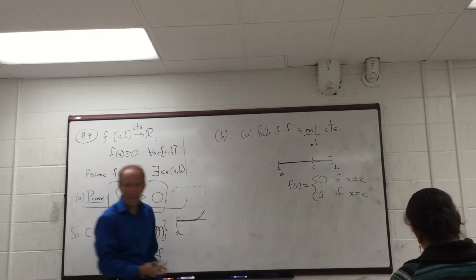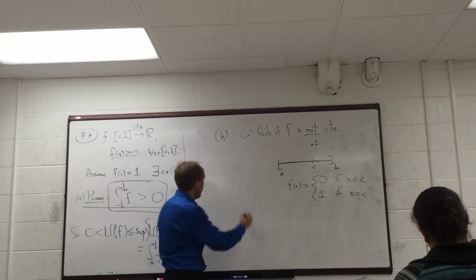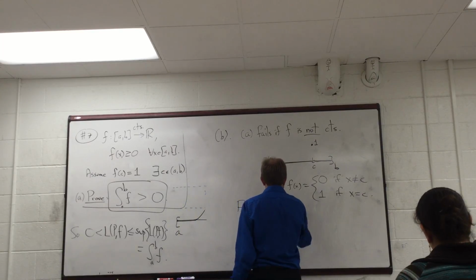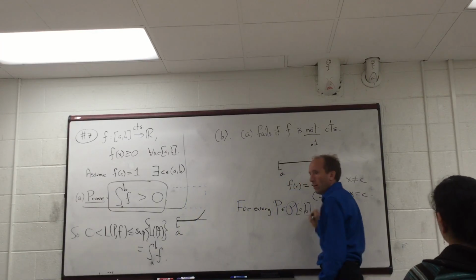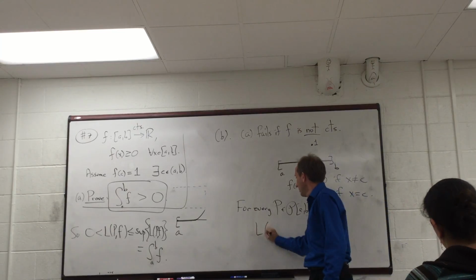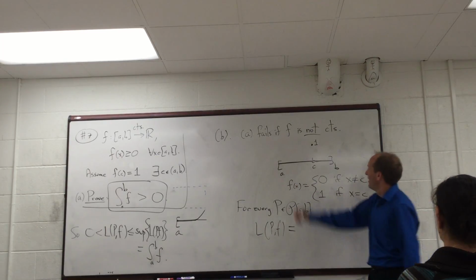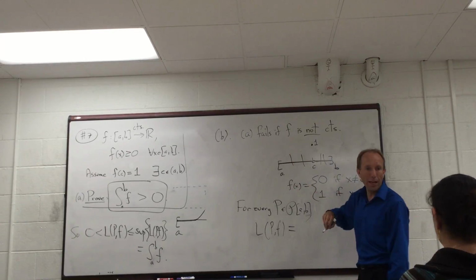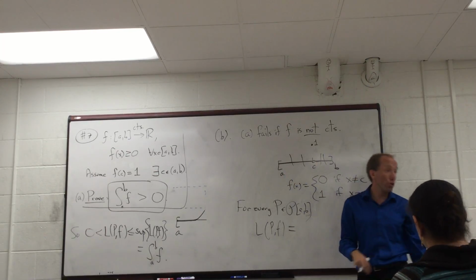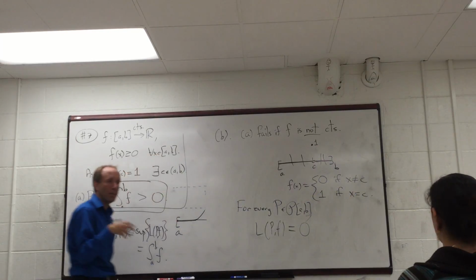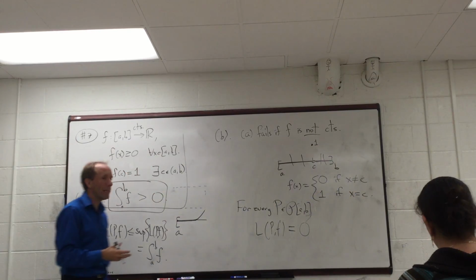The point here, guys, is with that function, for every partition of the interval AB, what's the lower sum going to equal? Doesn't matter how you chop this up, the little mi's are all 0. So when you add up those little mi's times those delta xi's, you of course are getting 0.